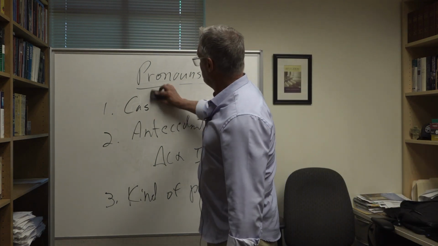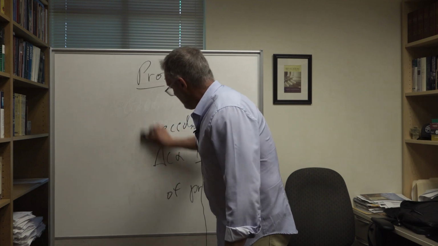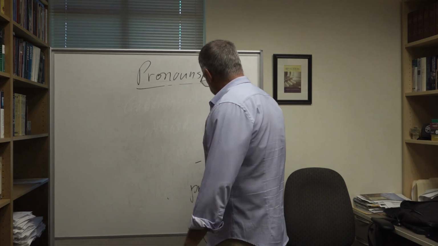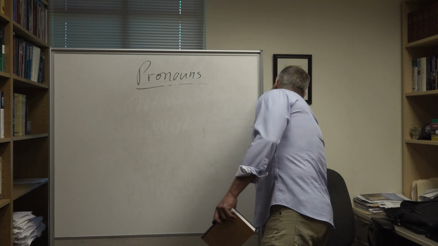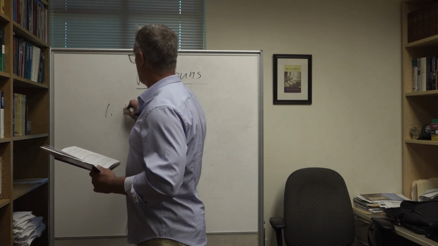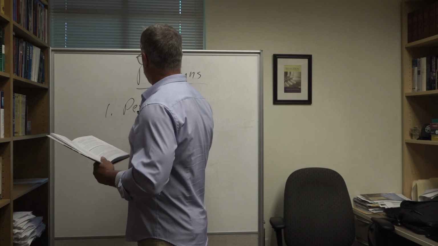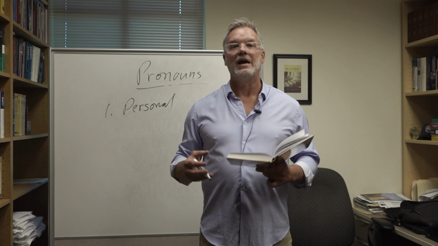For number 3, what are the various kinds of pronouns? Just to reiterate what we have said in our textbook, the first type of pronoun, and this is probably one of the most common types, is the personal pronoun, like ego, I, hemeis, we, su, you, humeis, you plural.